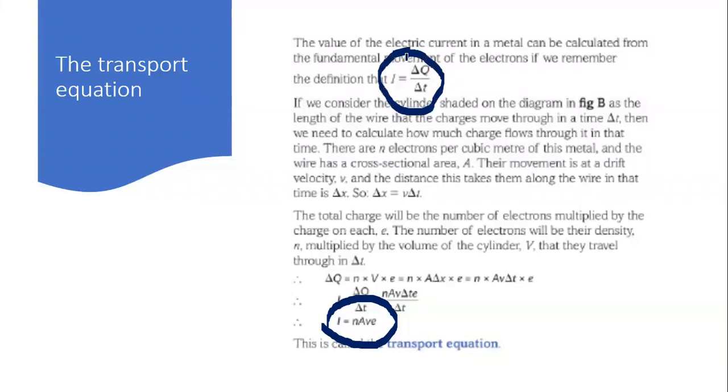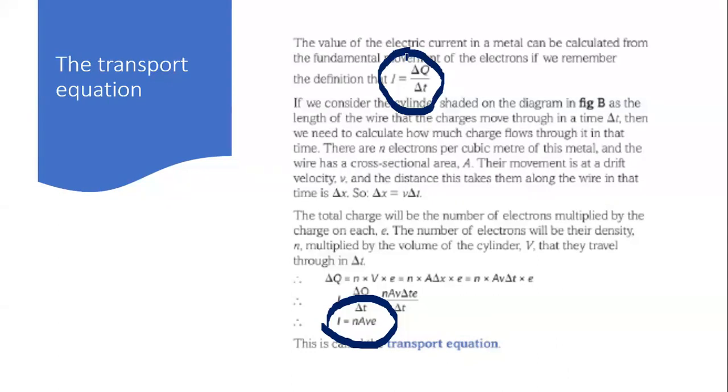Now, whenever we talk about a metal wire, it is cylinder in shape, right? So if we can calculate how much charge is flowing through the metal wire, I can calculate the current. So I need to calculate the charge.